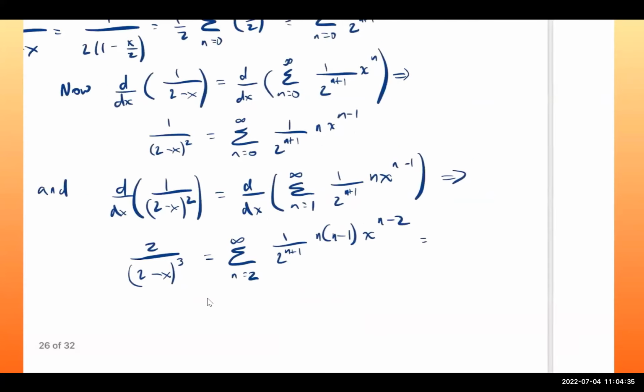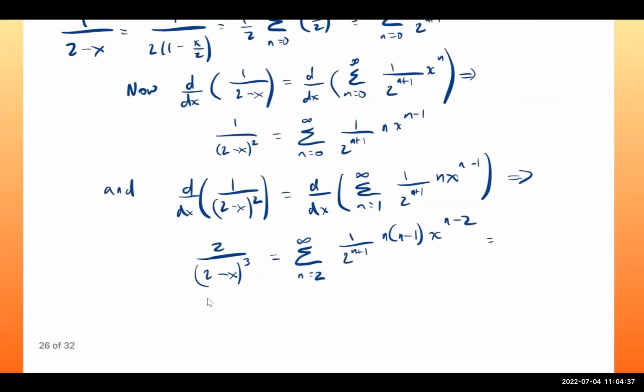Over here, they do the same thing, but now it's going to be 2 because it's the second derivative. And you will see what happens. When you take the derivative of this, you bring the exponent down, so it's going to be n times n minus 1 x to the n minus 2. That's the derivative.